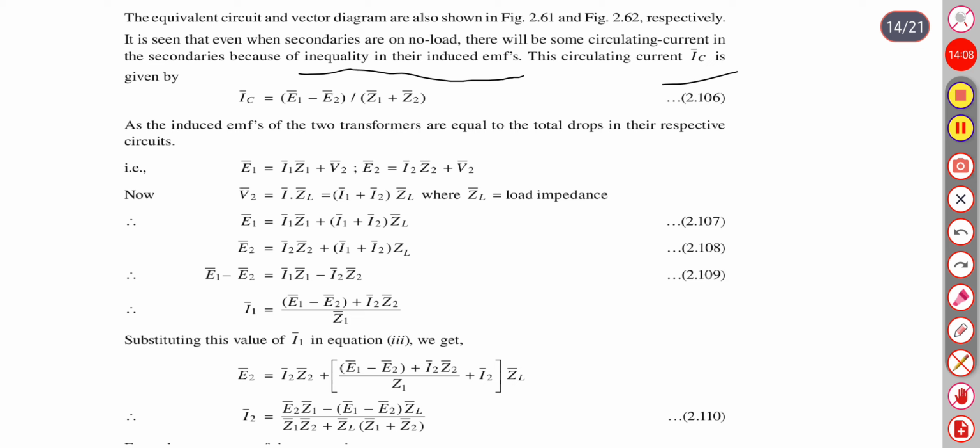As the induced EMFs of the two transformers are equal, the total drop in their respective circuit will be this, and from this we can calculate the current I1 flowing through transformer 1, similarly current I2. So these are the normal mathematical calculations, you can go through them.